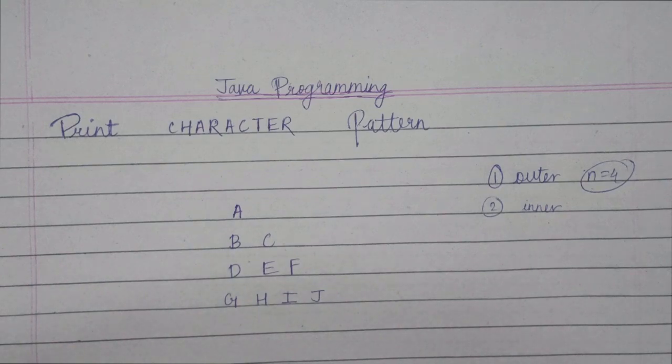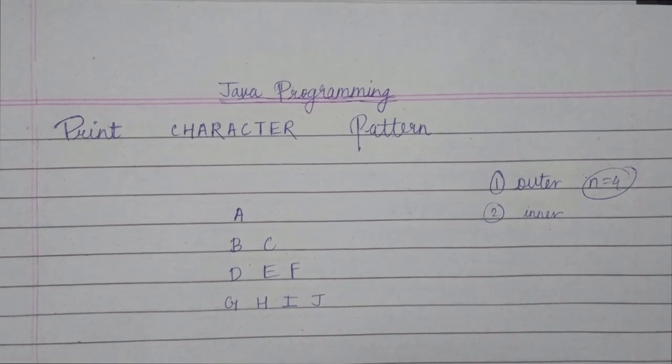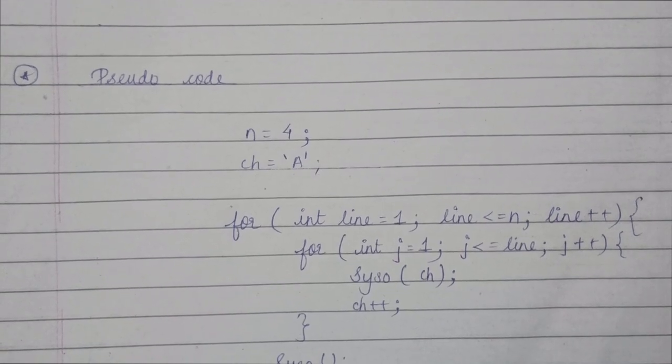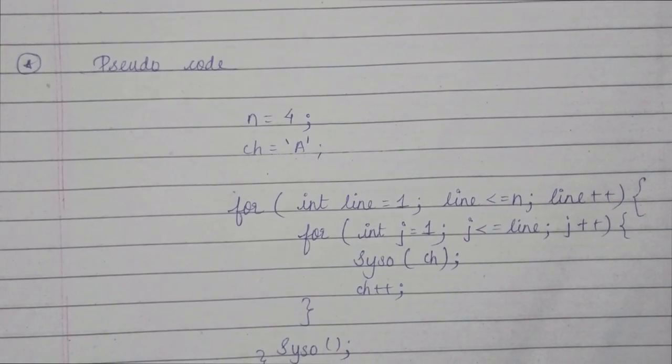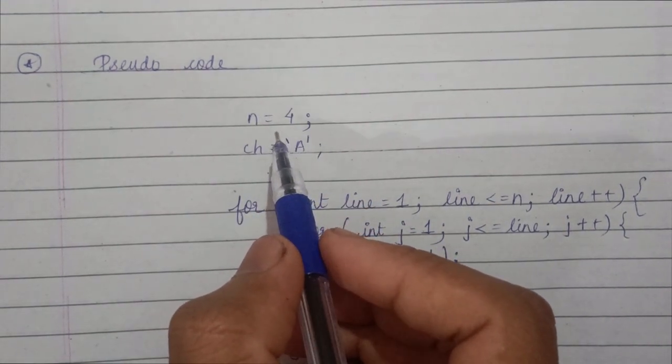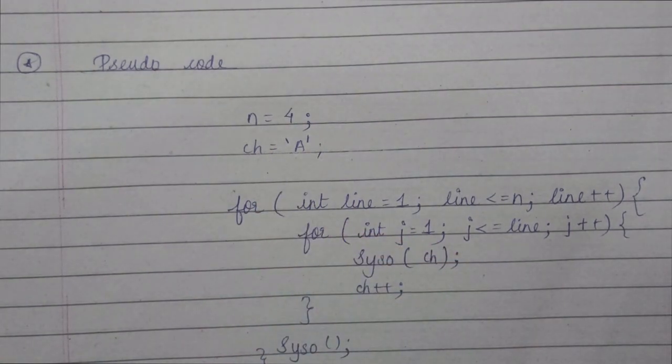So I have written a pseudocode for it to print the characters pattern. This is the pseudocode. I have initialized a variable n and given the value as 4, and I have created a character ch and initialized a there.